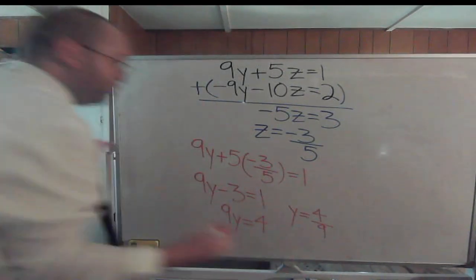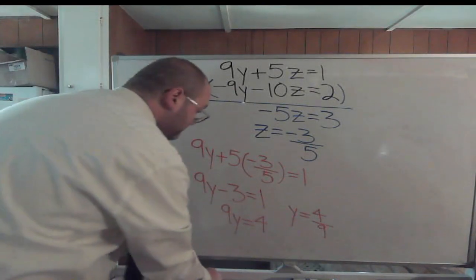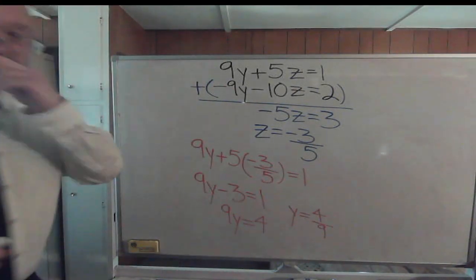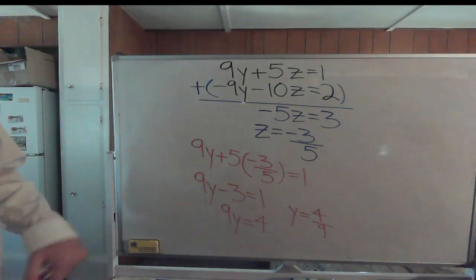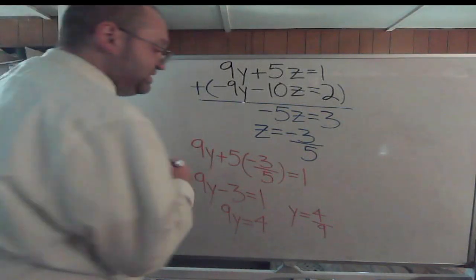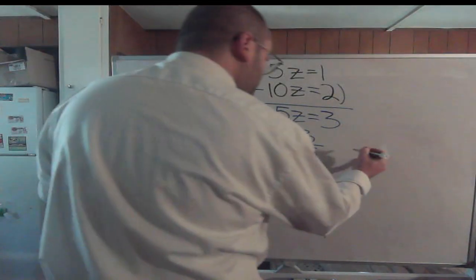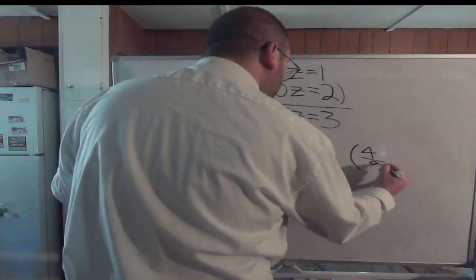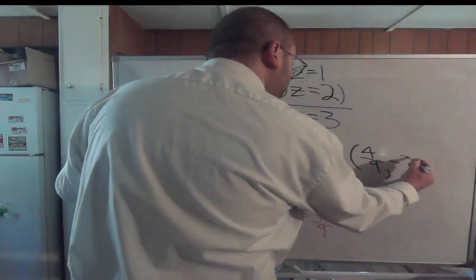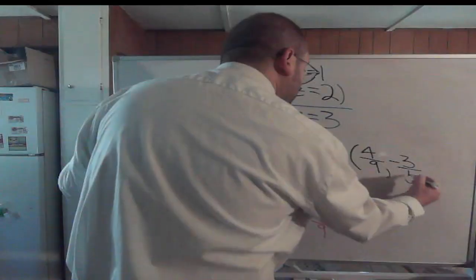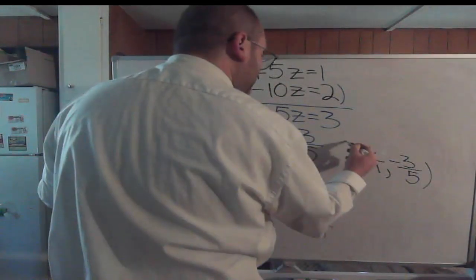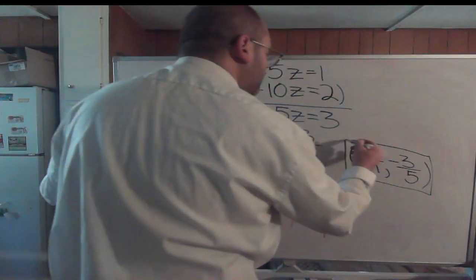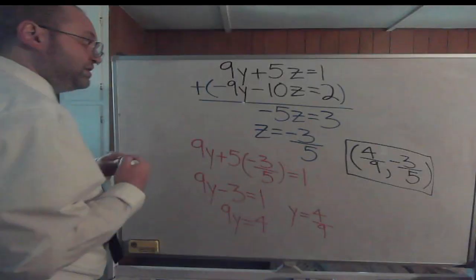So my y coordinate for the solution is in fact 4/9. Going in alphabetical order, we'll list the y coordinate first, then the z second. So my solution for this should be the ordered pair 4/9, negative 3/5.